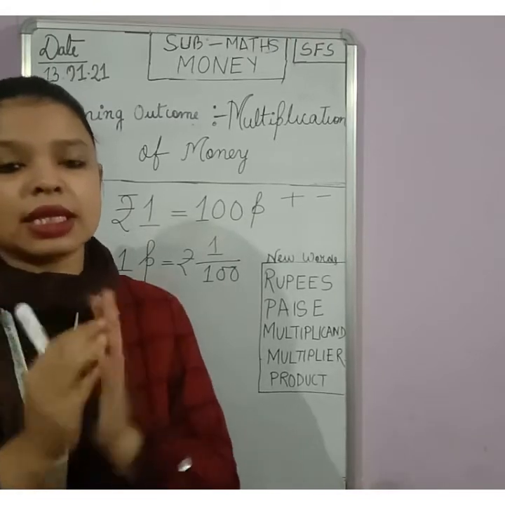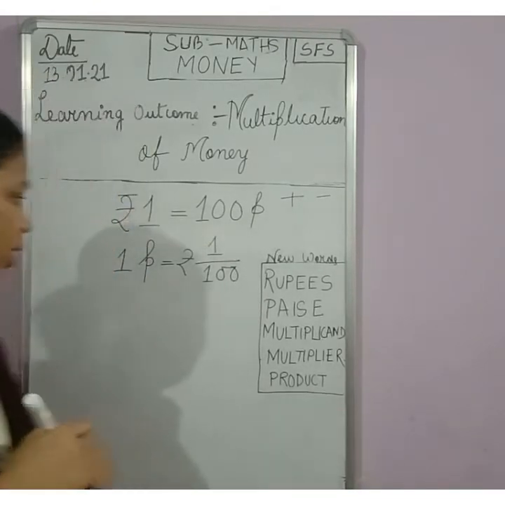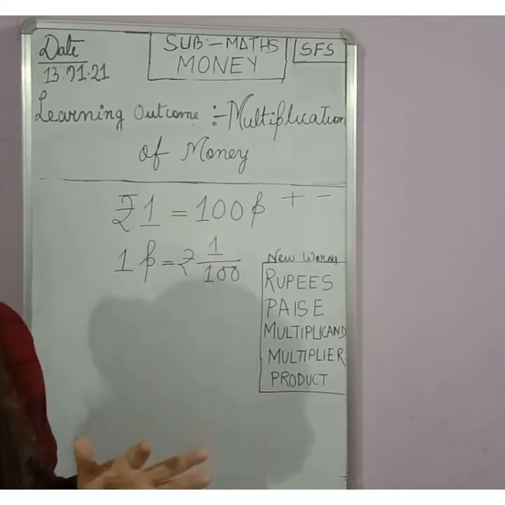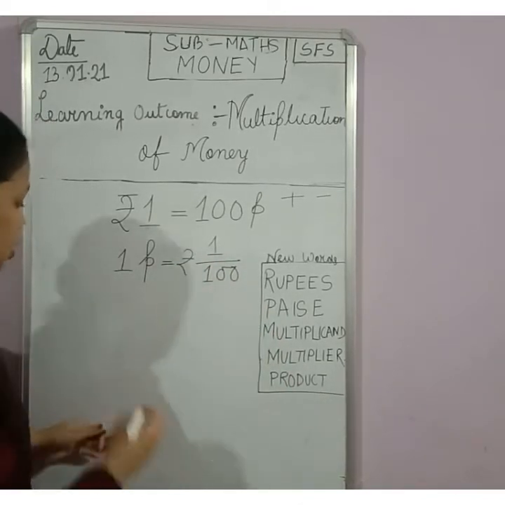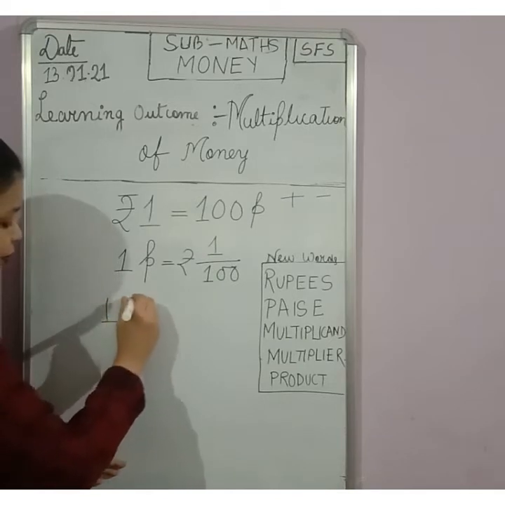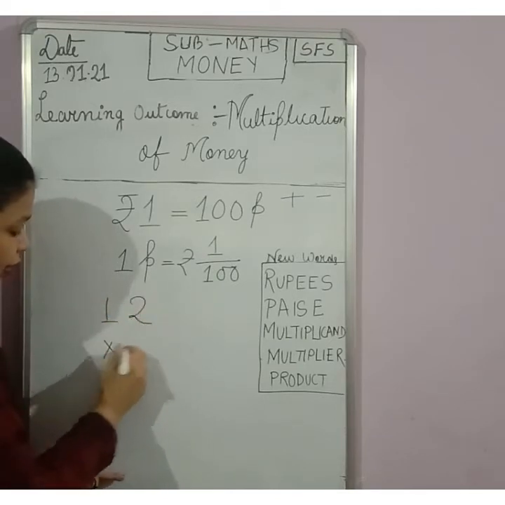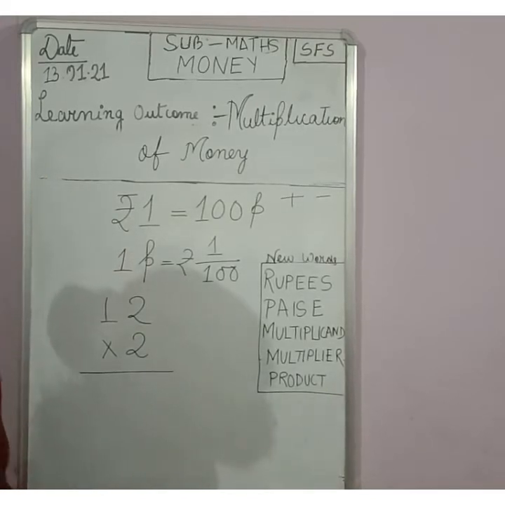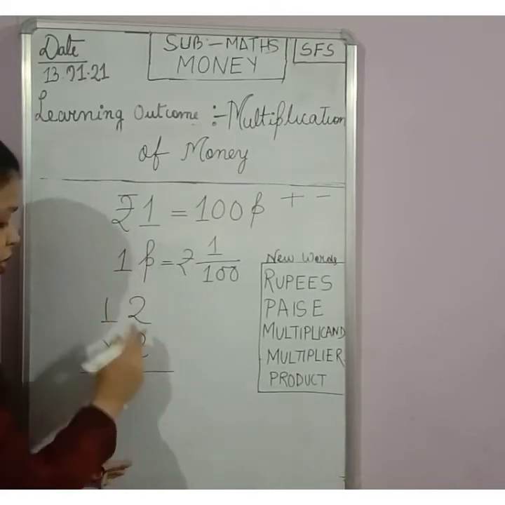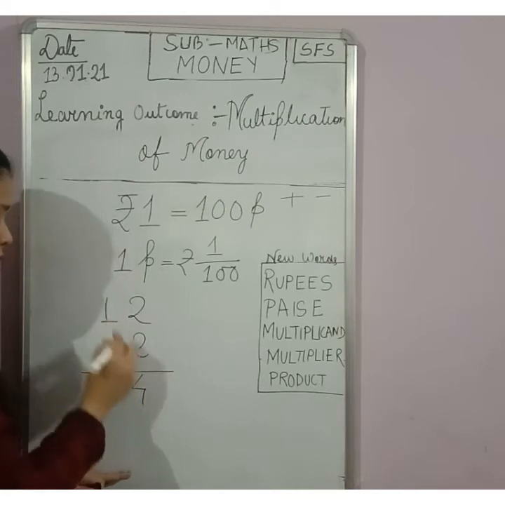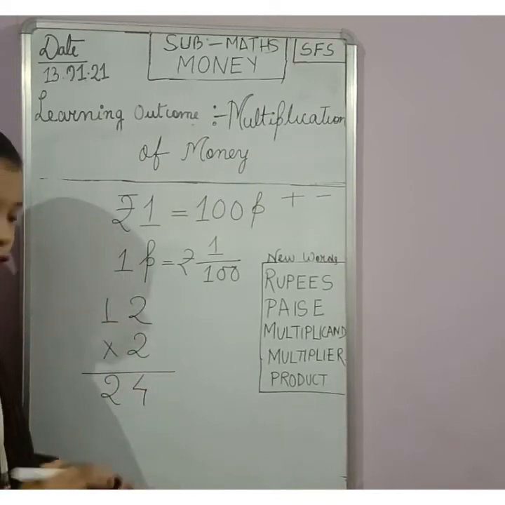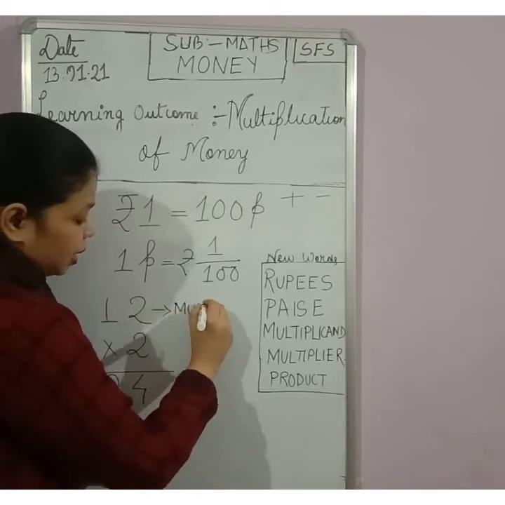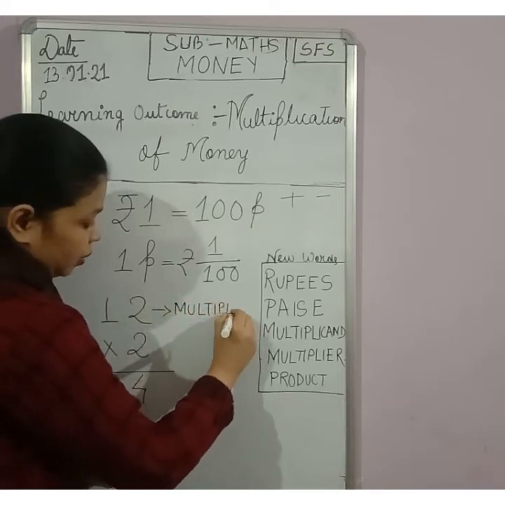Now multiplication has some terms. In an earlier chapter, before term 1, we learned about multiplication. Suppose I have to multiply 12 into 2. What will I get? 2 2s are 4, 2 1s are 2. 24. This 12 is known as the multiplicand.